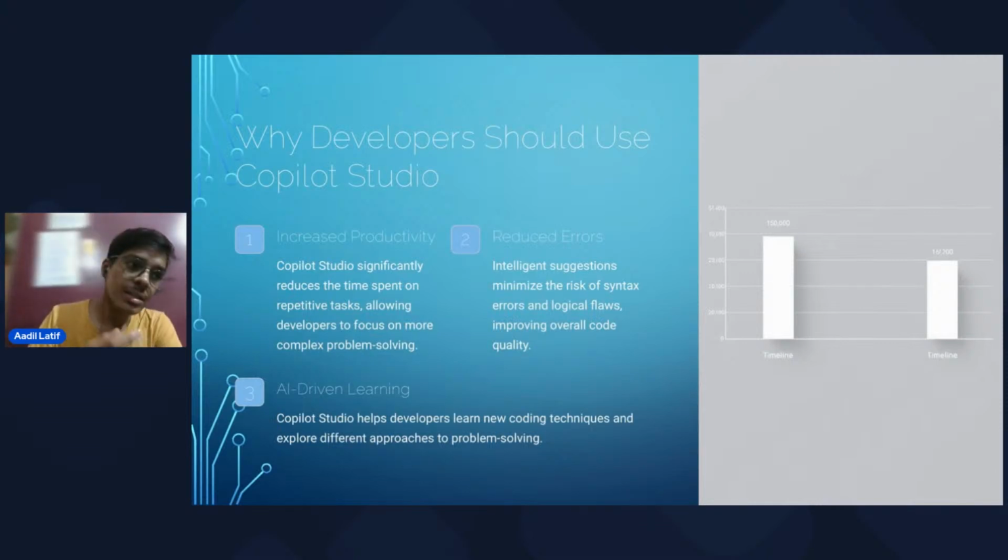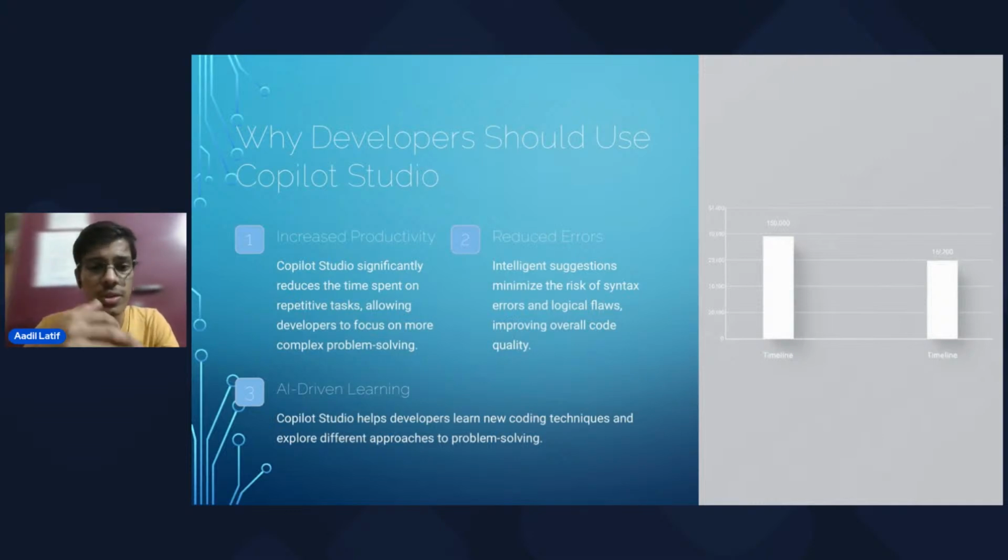Copilot Studio provides very real-time suggestions, as I have mentioned earlier. It allows the developer to complete code faster. This reduces the time spent on routine tasks, enabling us to focus on more complex problems and higher-value projects. It also reduces context switching.